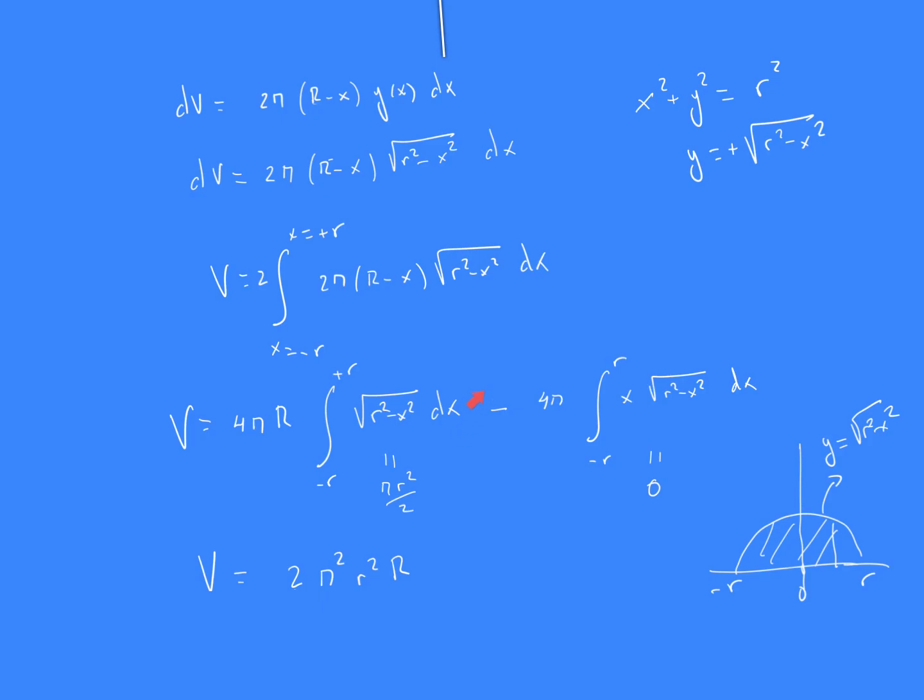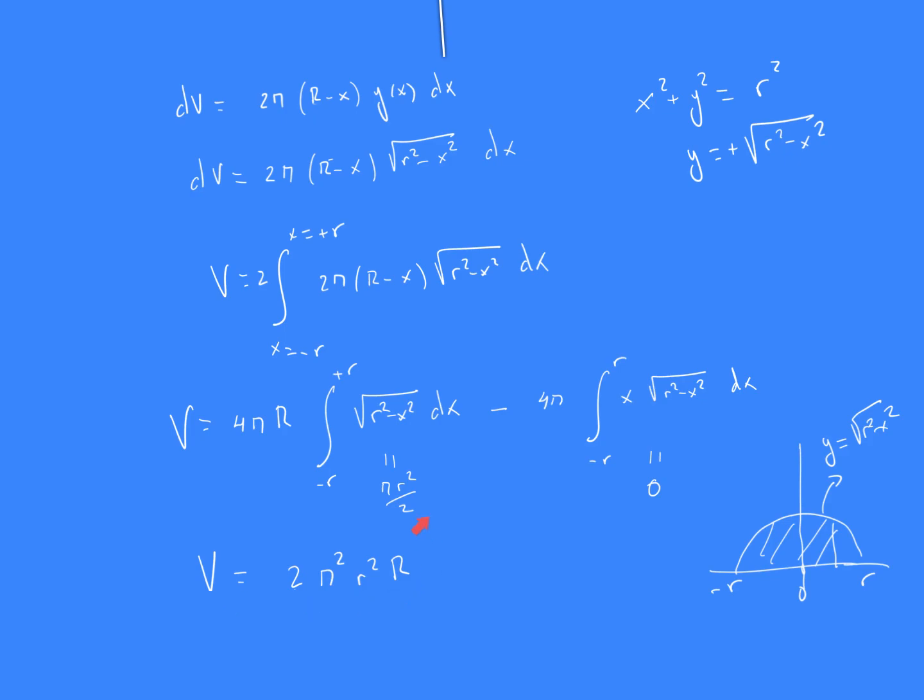So this will be pi r squared divided by 2 multiplied by 4 pi R. The 2 will cancel with the 4 and leave 2, the pi with the pi will be pi squared, and the R with the r squared will be R times r squared.